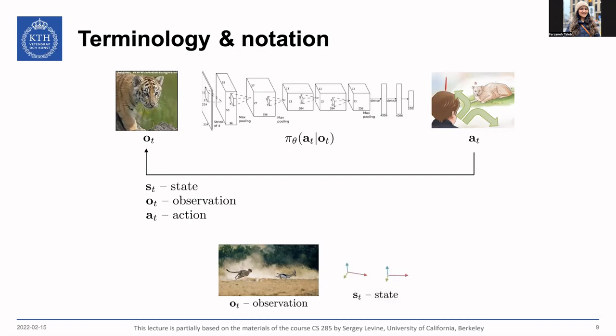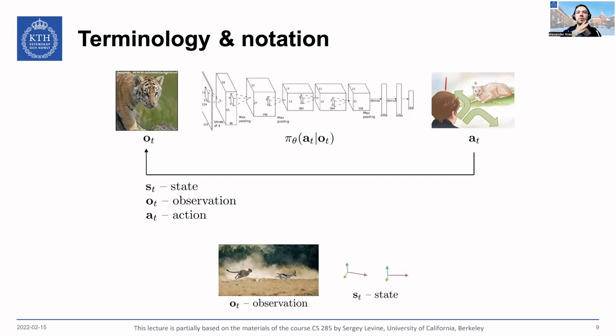Basically, like in any machine learning algorithm, we have the input and we have the output, right? The reinforcement learning algorithm gets the input in the form of observation, and we want it to output the action, something that it wants to do. It does this through some kind of a policy.